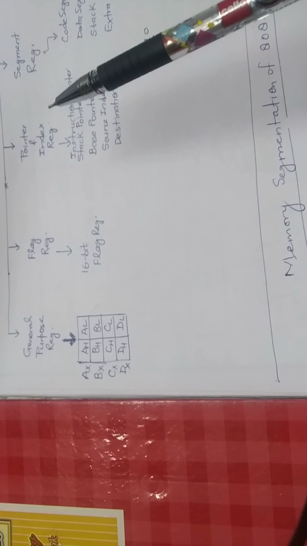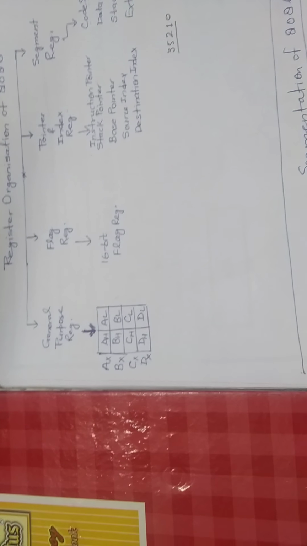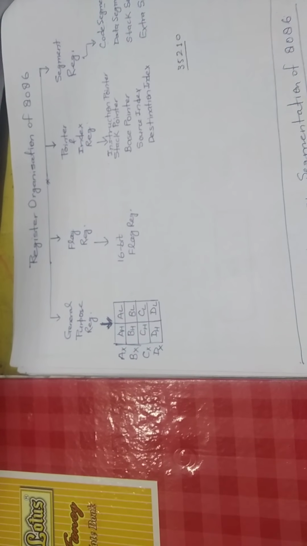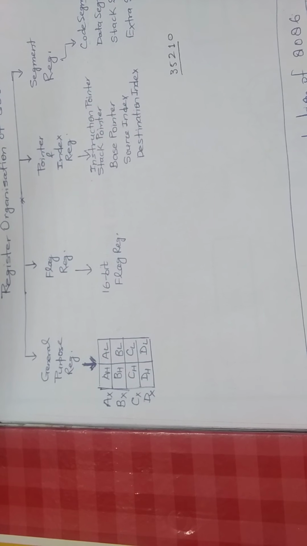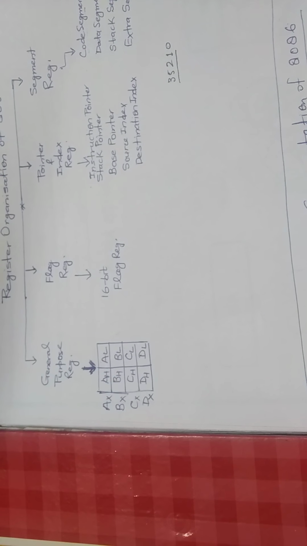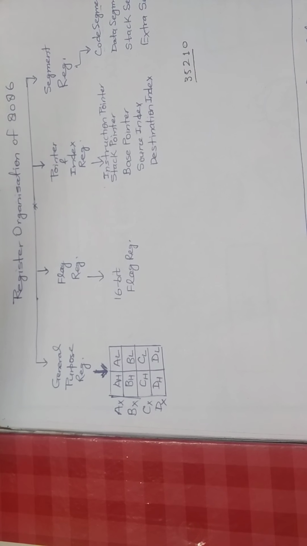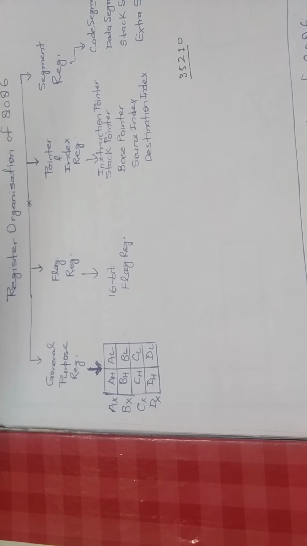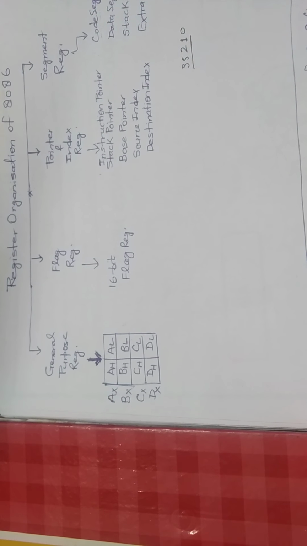The third category of registers is pointer and index registers. As we have discussed in the 8086 architecture, in the bus interface unit the physical address of the memory is calculated, and that physical address consists of two parts: base address and offset address.